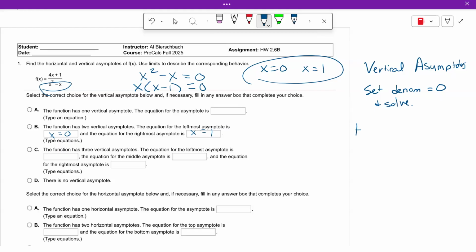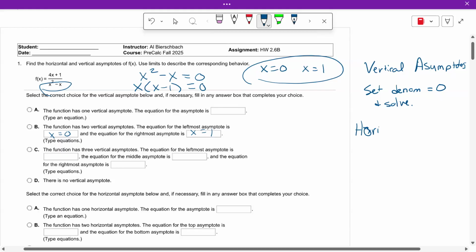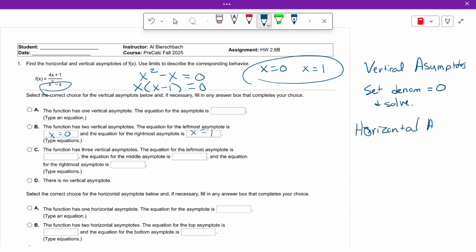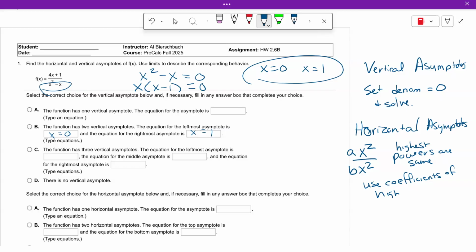Okay. Horizontal asymptotes are a little more complicated. So when the powers are equal on the top, like ax squared over bx squared, if the highest powers are the same, then use the coefficients of the highest powers.